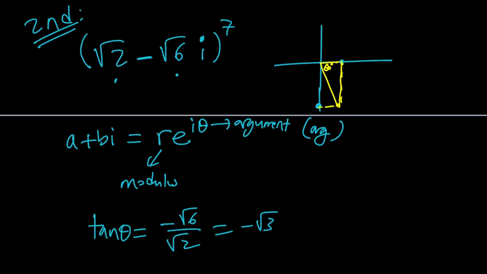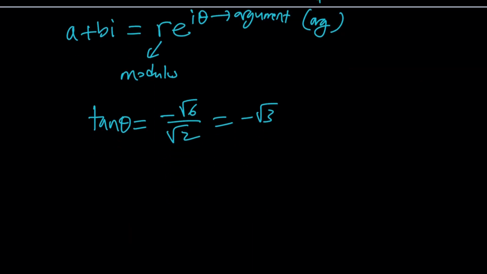So you're basically talking about a 30, 60, 90 triangle, and the angle you're looking for is going to be measured like this. So it's just going to be 300 degrees, right? Or 5 pi over 3. So in this case, theta would be 5 pi over 3, which is equivalent to 300 degrees, right?